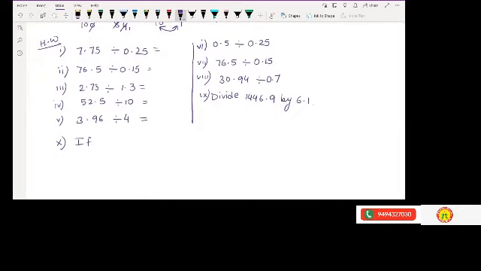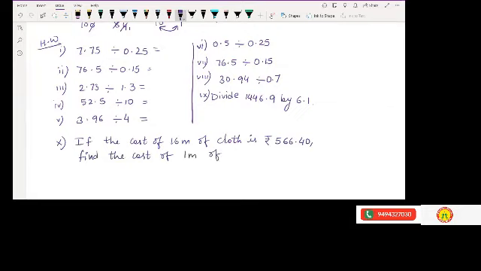Note down, if the cost of 16 meters of cloth is rupees 566.40 paise, then find the cost of 1 meter of cloth. Okay, can you do this?